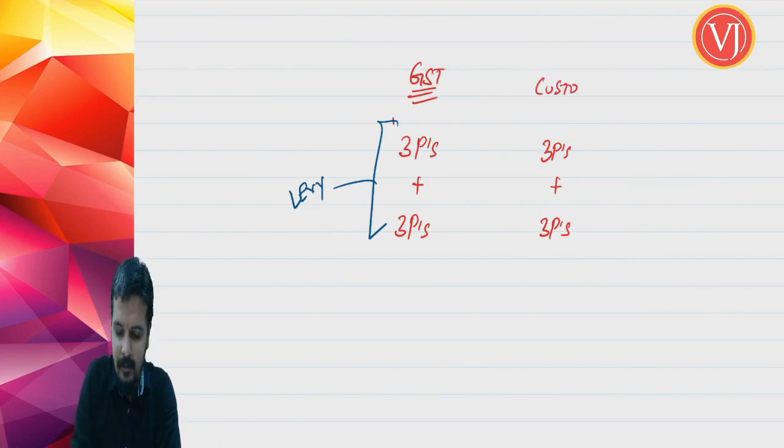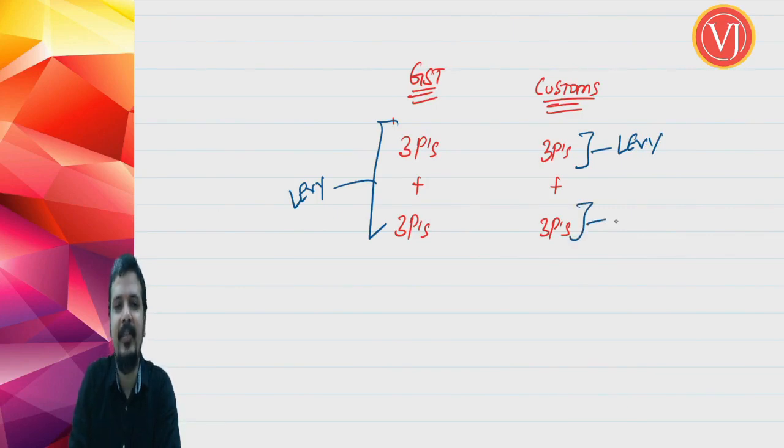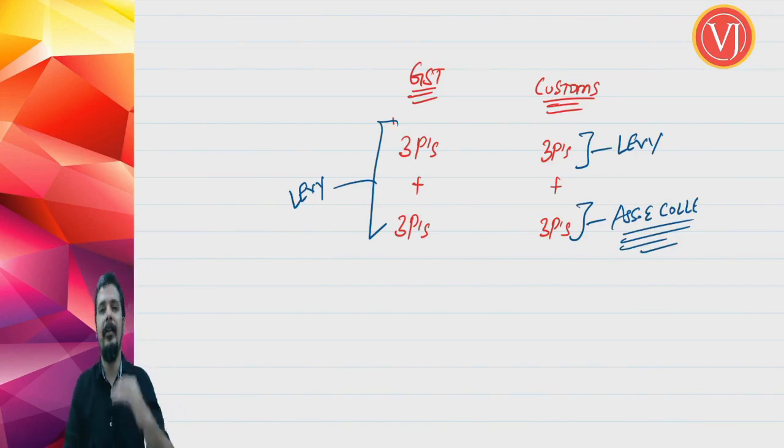For your customs, the moment you qualify the first 3 P's, levy is there. That is product, process and place. The last 3 P's, price, percentage and person, are only and only for assessment and collection. So levy stops at the first 3 P's. So that you have to understand when you're talking about your GST versus your customs.